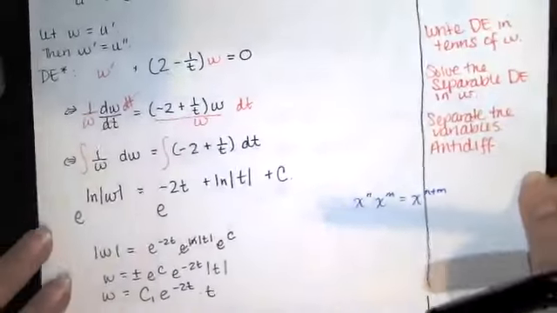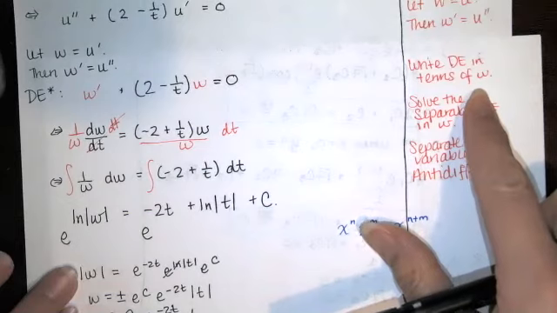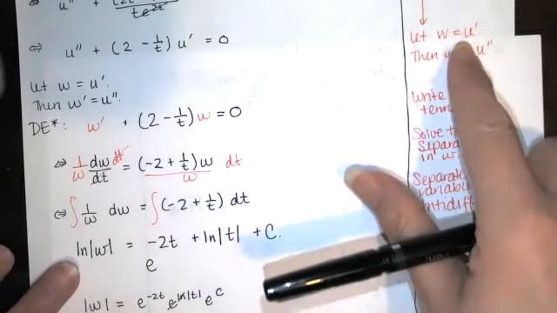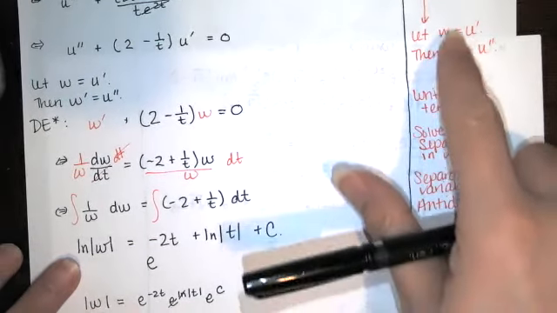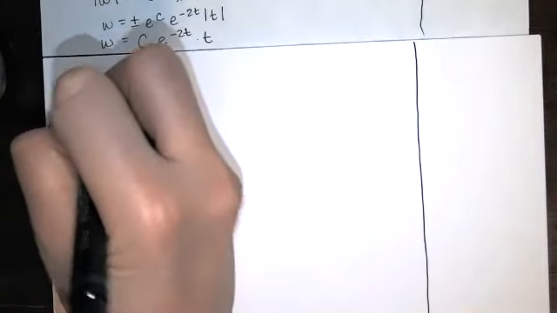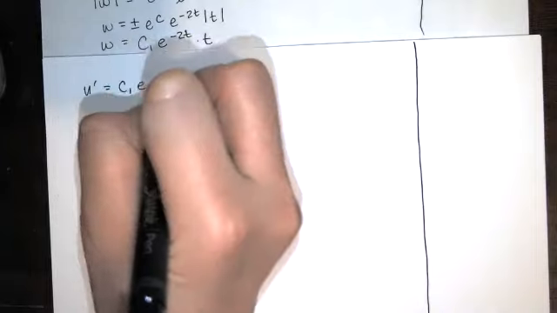Keep going. Now remember, w is something that we made up so that we could solve this problem. So we want to go back to u. So we have to replace w with u prime. So we have u prime is equal to a constant times e to the negative 2t times t.